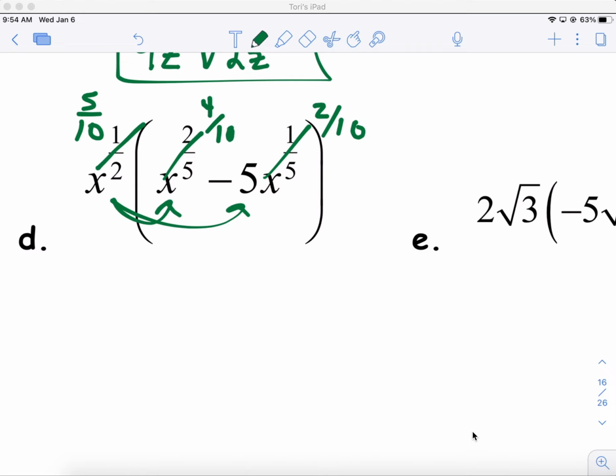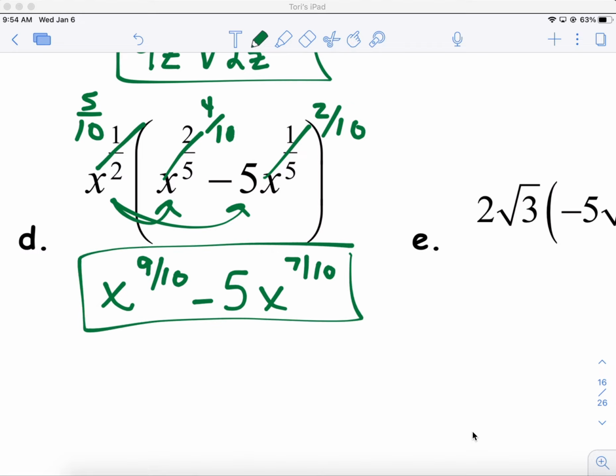So now if I multiply and I add the exponents, 5/10 plus 4/10 makes 9/10. And then 5 times negative x is negative 5x, but we have 5/10 plus 2/10 gives us 7/10. Even though they both have a tenth, 9 and 7 are different. This is a final answer.